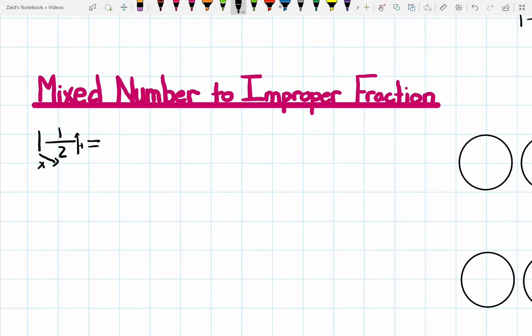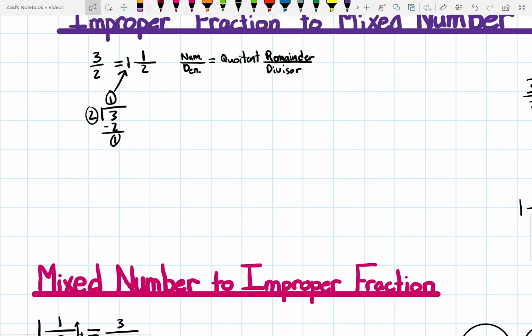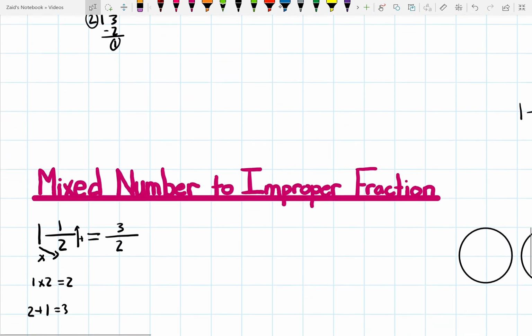So 1 times 2 is 2, and 2 plus 1 is 3. So that's our new numerator, 3, and the denominator stays the same, so over 2. Just like what we got before, 3 over 2 is 1.5.